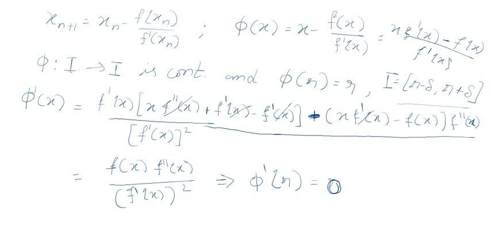Now you will go for the second derivative and see whether phi double dash of r is non-zero or not. So what we have just obtained is phi dash of x is equal to f of x into f double dash of x divided by f dash of x whole square.